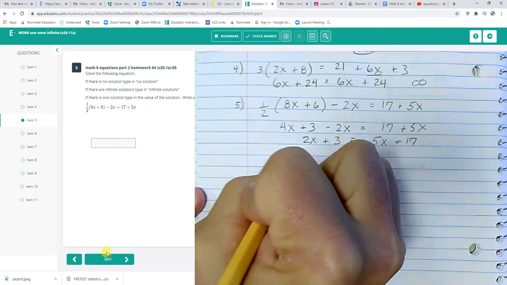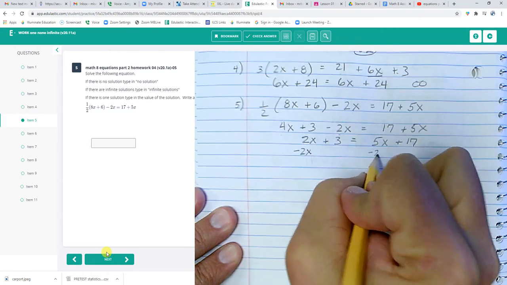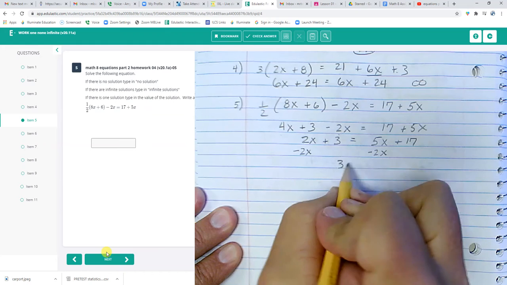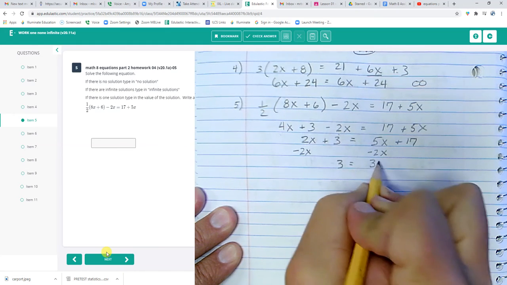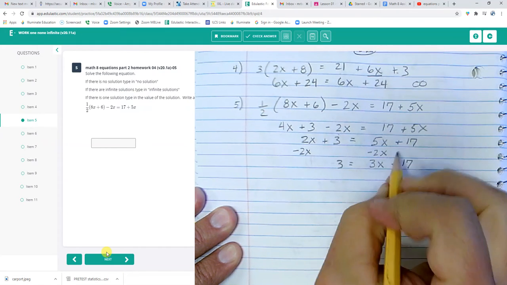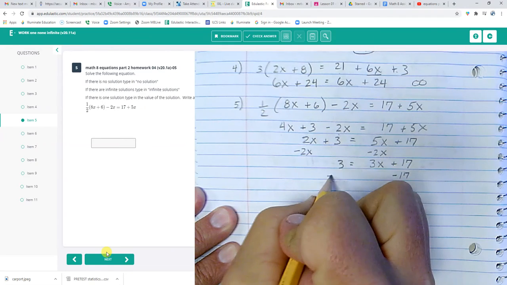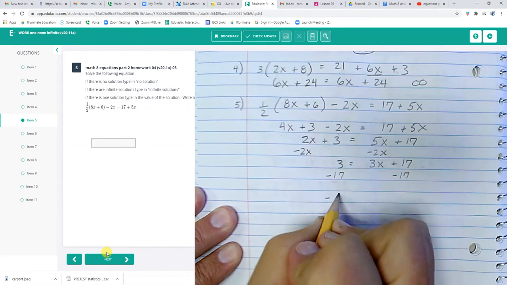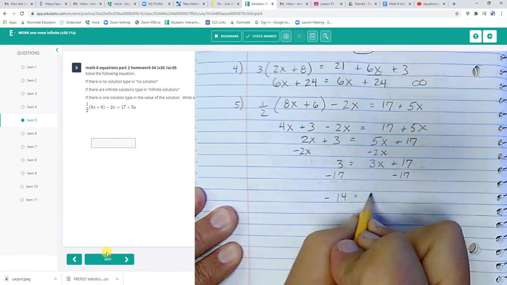I'm going to subtract 2x from both sides. That gives me 3 equals 3x plus 17. Subtracting 17 from both sides gives me negative 14 equals 3x.